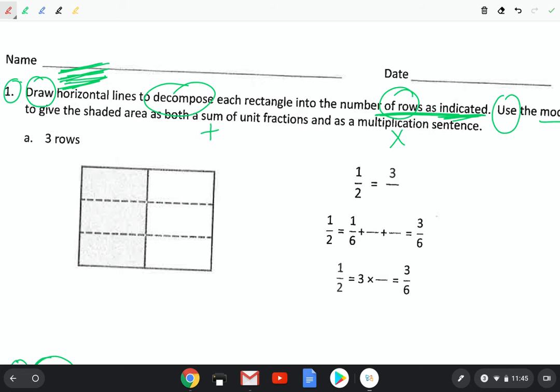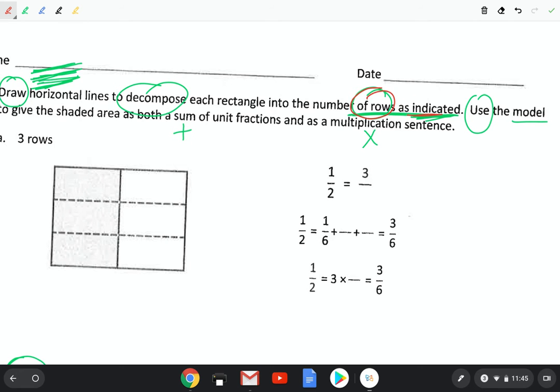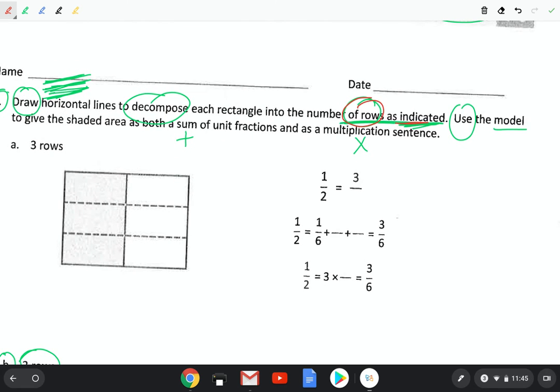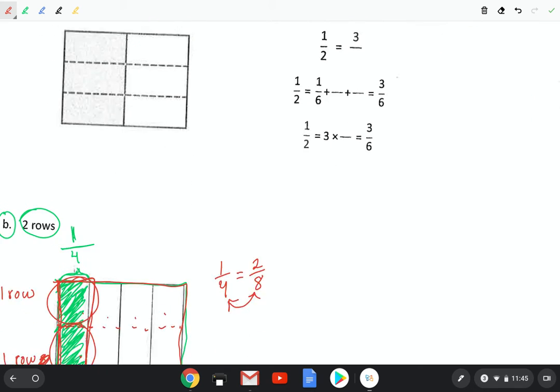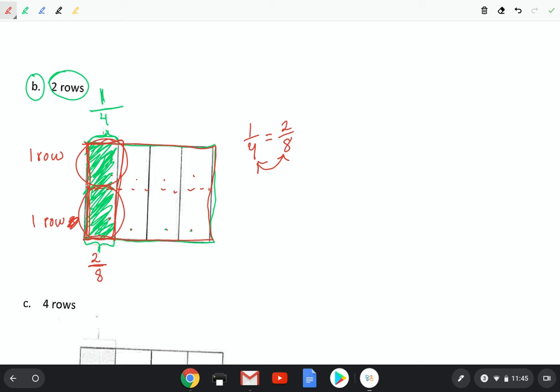Okay, to draw the horizontal lines to make the rows that they're asking me to make. The other task says to use the model to write an addition and a multiplication sentence. So let me go ahead and do that, okay? To do that, I am going to name the smaller units that I made.